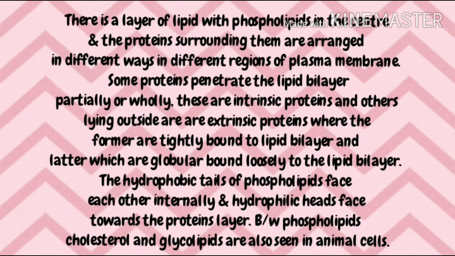Some protein molecules penetrate into the lipid molecules partially, others fully. Those protein molecules which penetrate inside the lipids are intrinsic proteins, while those which lie outside without penetrating the lipid bilayer are called extrinsic proteins.